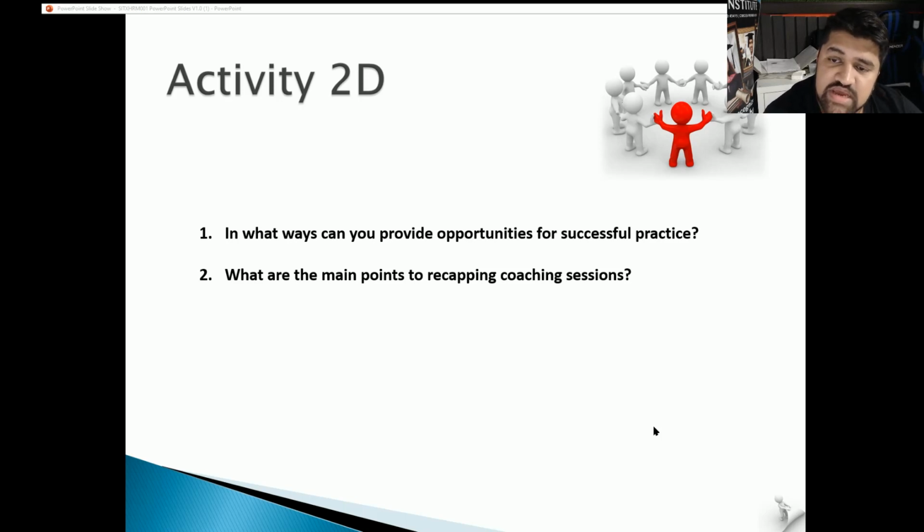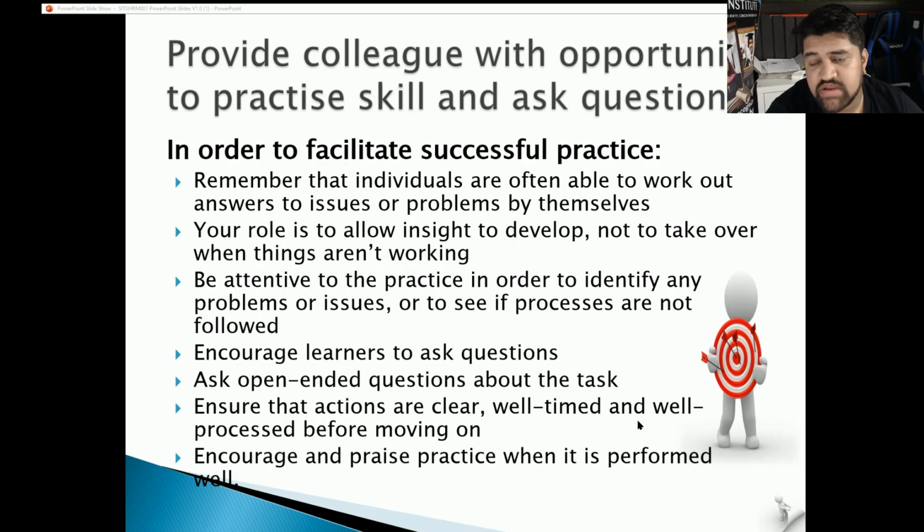So, in what ways can you provide opportunities for successful practice? When we are allowing them to practice, we want to remember that individuals often have the ability to work out answers or focus on issues and problems by themselves. We want to be attentive to the practice in order to identify any problems or issues so we can focus on them moving forward.